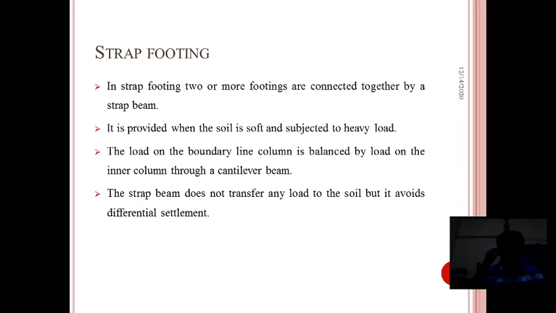It is provided when the soil is soft and subjected to heavy load. The strap beam doesn't transfer any load, but it connects two columns which are adjacent to each other. That means it avoids differential settlement.